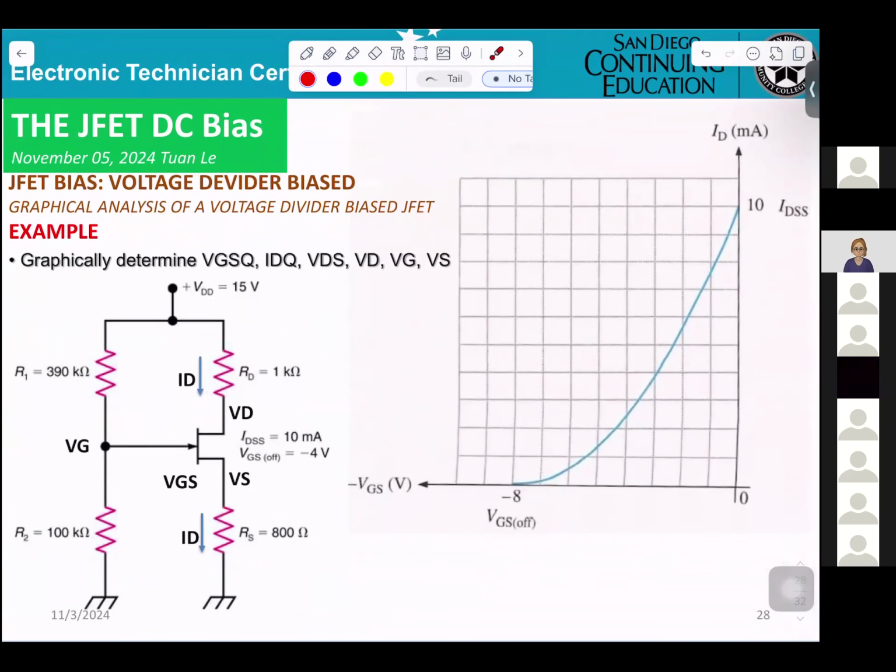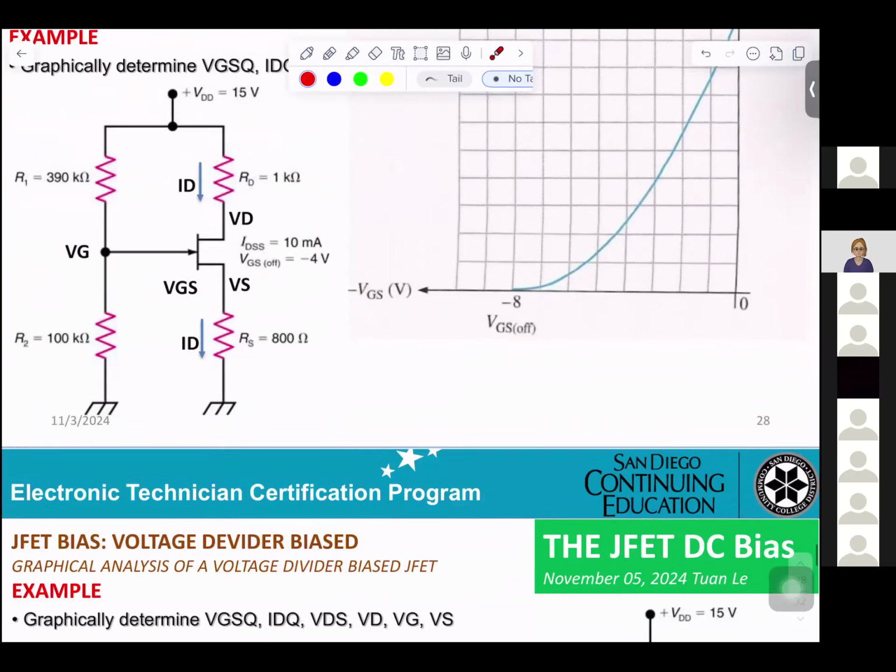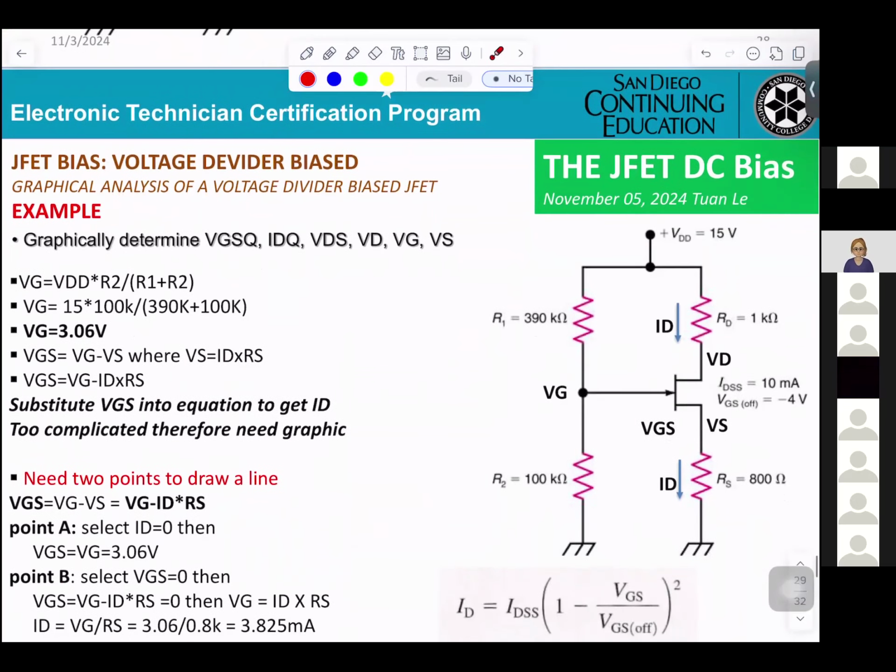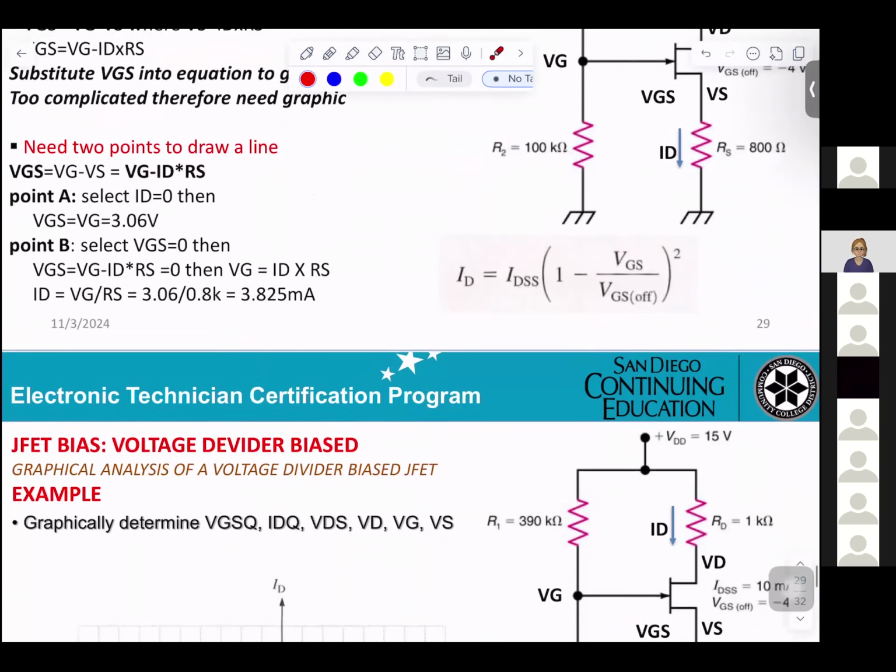Okay, this one is just for you. Whoever wants to do it using a graphic, I don't care. That one is just problem solving.